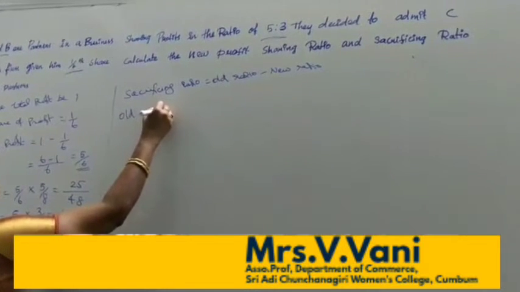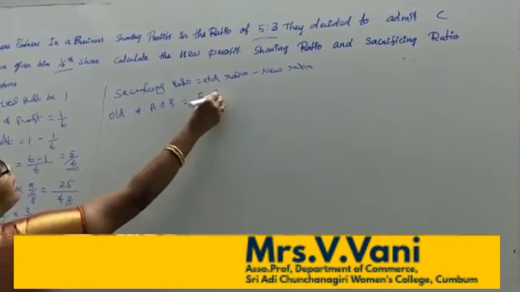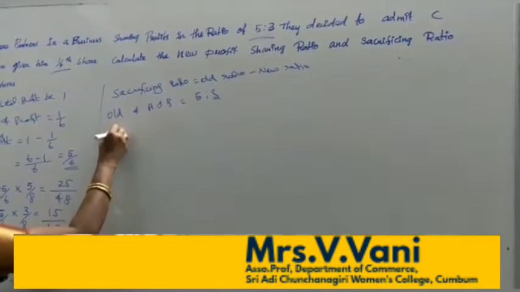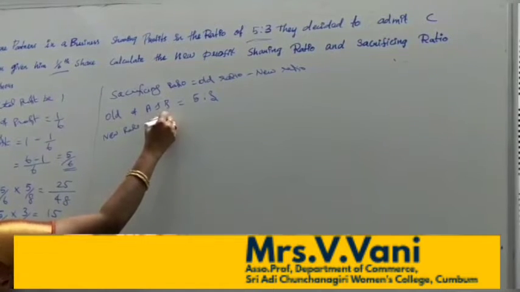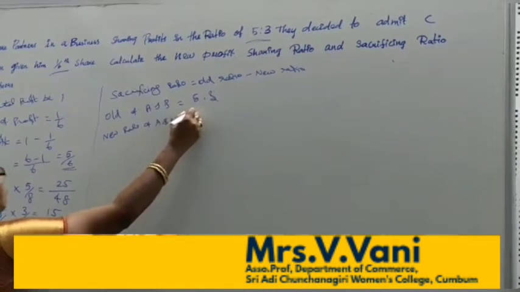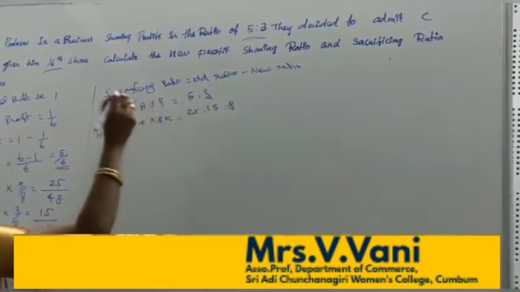The old ratio of A to B is 5:3 and the new ratio of A, B and C is 25:15:8.